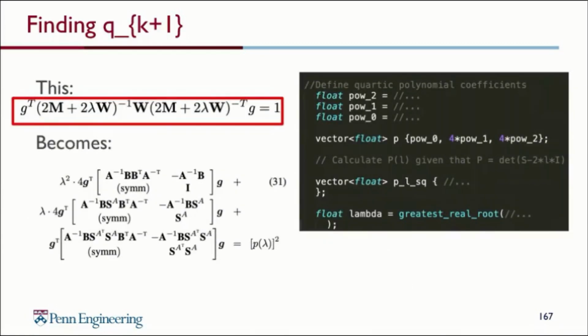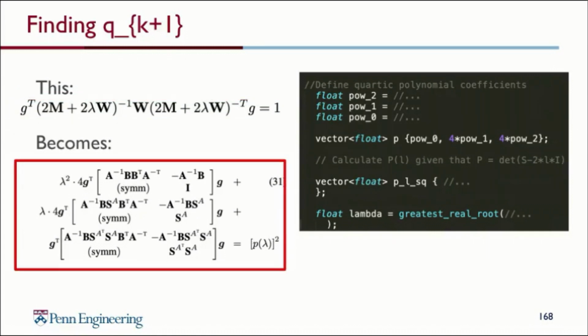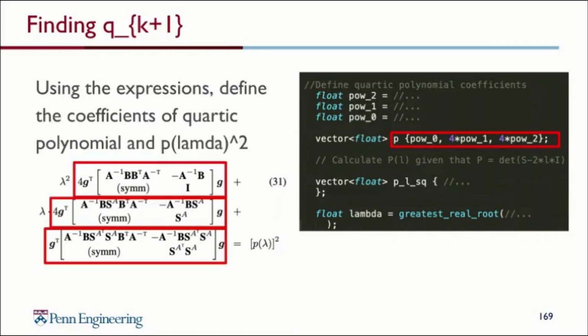after some additional steps of manipulation, the expression for lambda will become this polynomial expression in terms of lambda. And so if you look at this carefully, you'll see that each of these expressions indicated in red define a coefficient in the quartic polynomial in lambda.